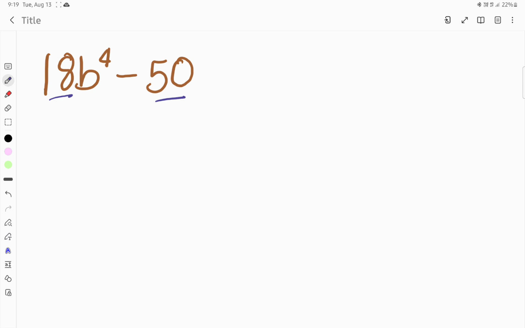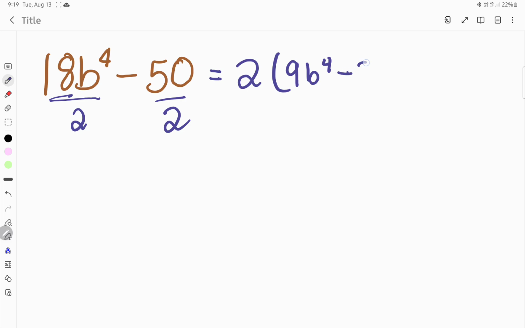So, you can factor it first by common factoring, where I can see the common factor of 18 and 50 is 2. So, dividing 18b to the fourth and 50 by 2, I can have 9b to the fourth minus 25.